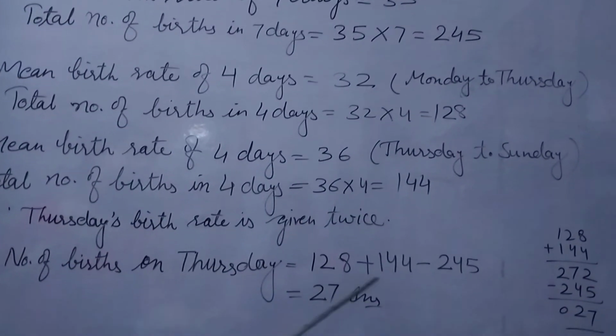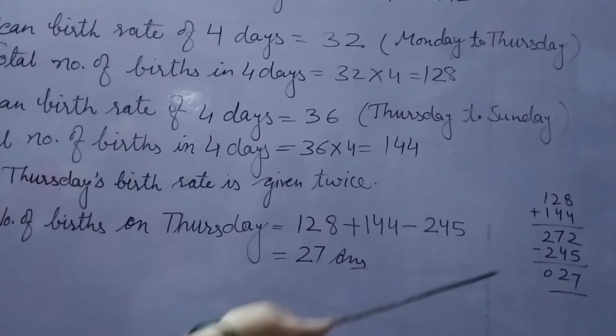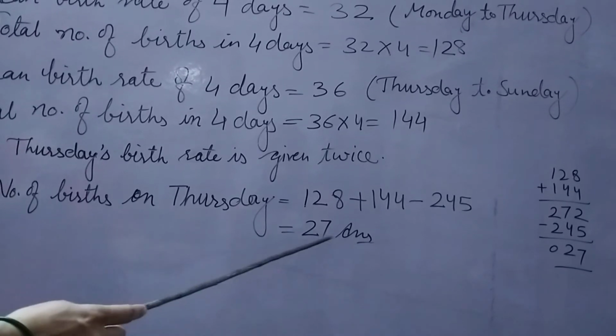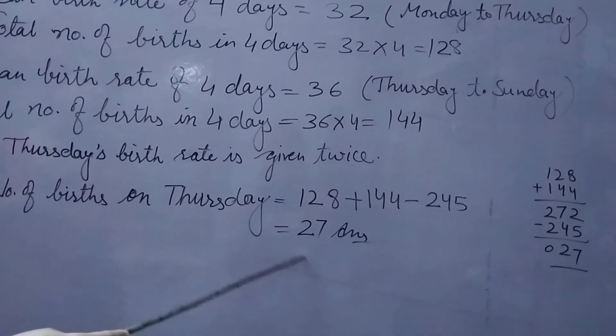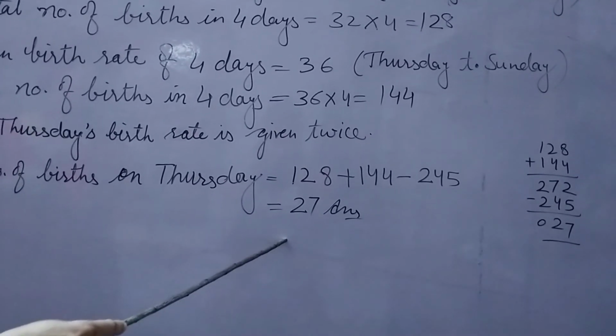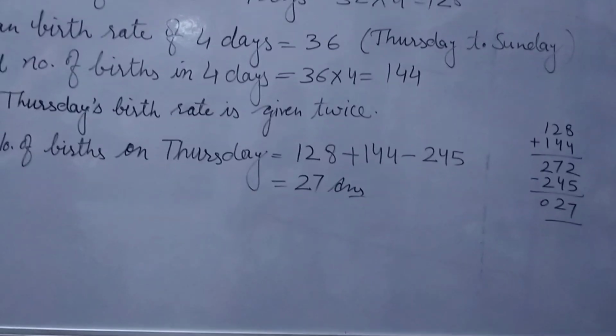Clear? One by one you will solve. Firstly you will add these two like this. After that you will subtract 245. You get 27. This is the number of births on Thursday. Clear? In this way you can do this sum. Okay. Thank you.